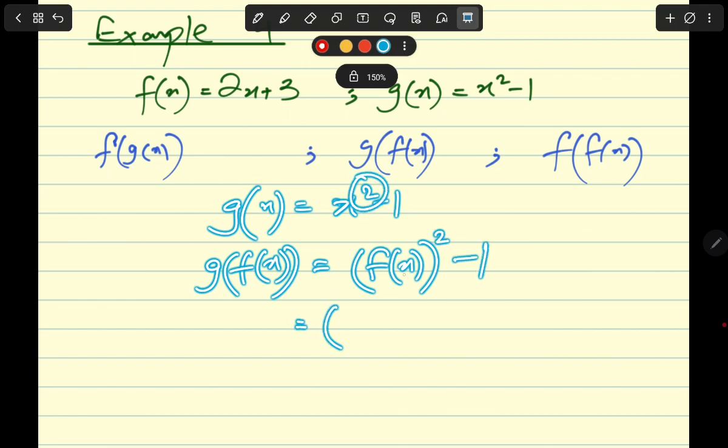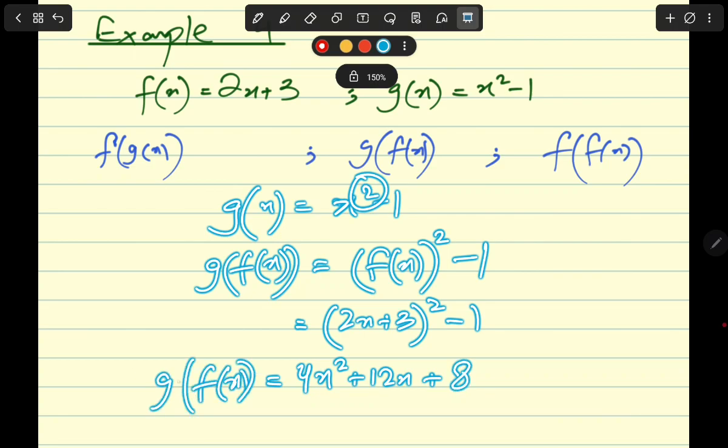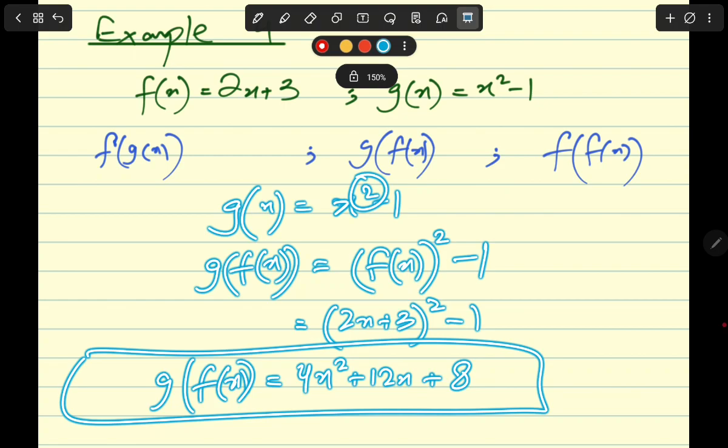So f of x is nothing but 2x plus 3, and this is squared and then negative 1. Now apply (a plus b) whole square. So this becomes 4x squared plus 12x plus 9 minus 1, which is plus 8. So this is going to be my g of f(x), and I'm going to put a square around it. You can copy it, and then I'll proceed to doing the last part. I hope the answers are matching.